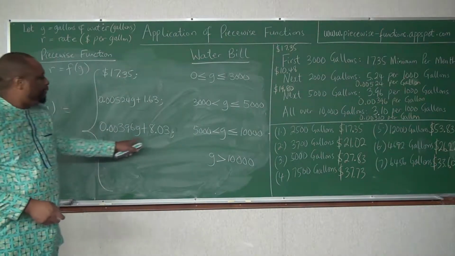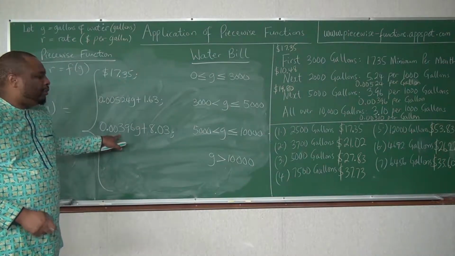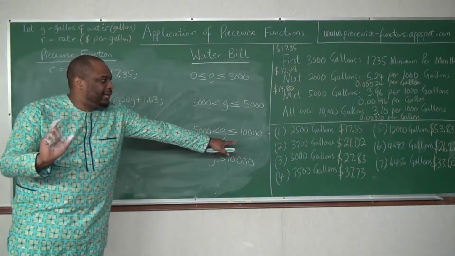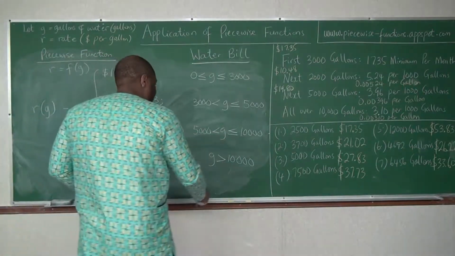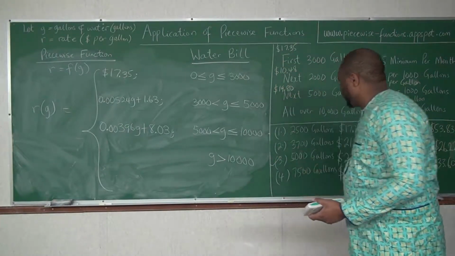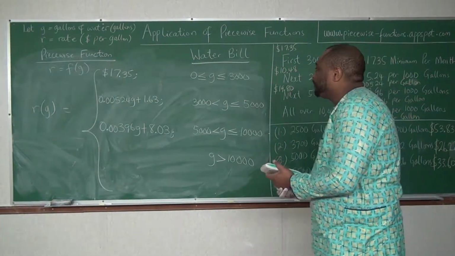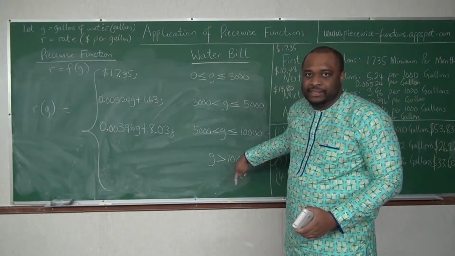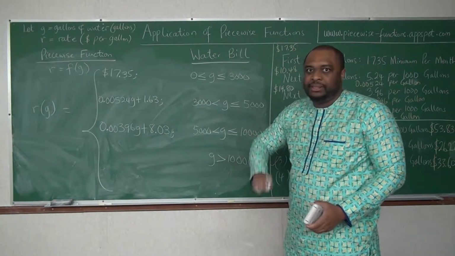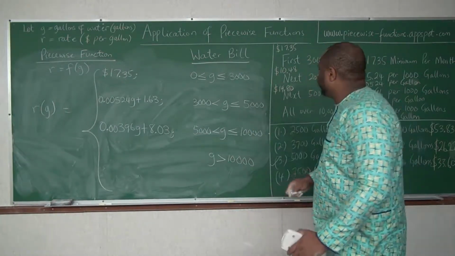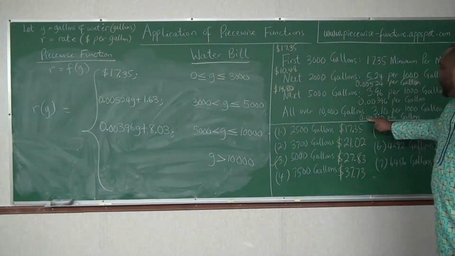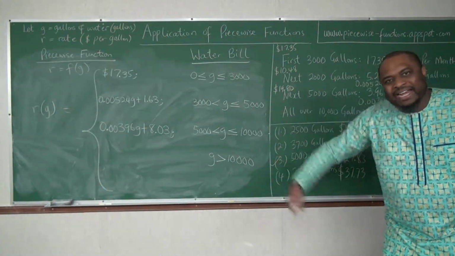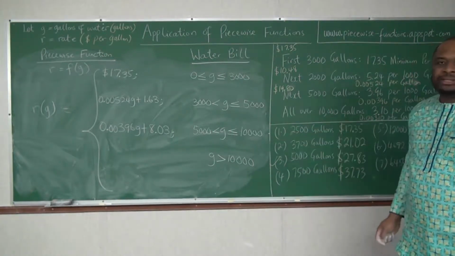Before you jump here, you must pay for 10,000 gallons first. We have verified this already. Before you jump here, you must pay for 10,000 gallons first, then plus 0.0031 on any gallon over 10,000 gallons.